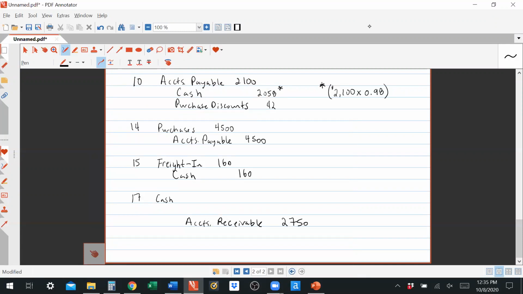So the 2,600 times the 98%. We get that from Denton to pay off their account for the items. But then we also get the 150 that they owe us for the shipping. And so this is what the cash we get from Denton should be.